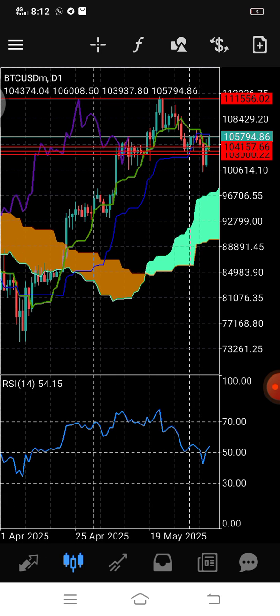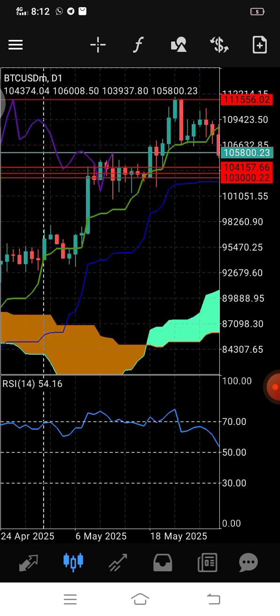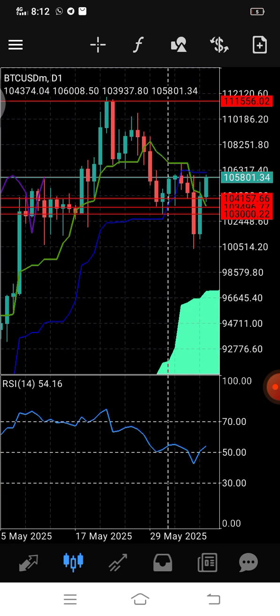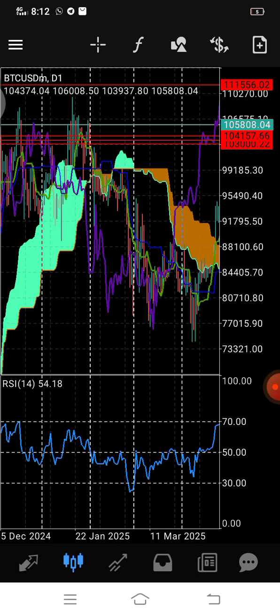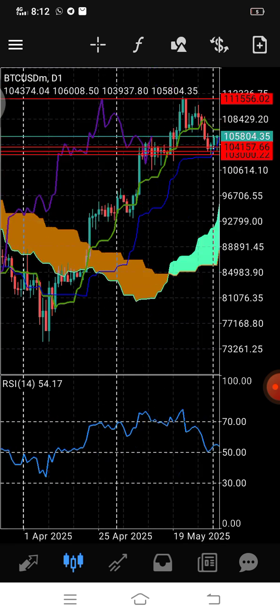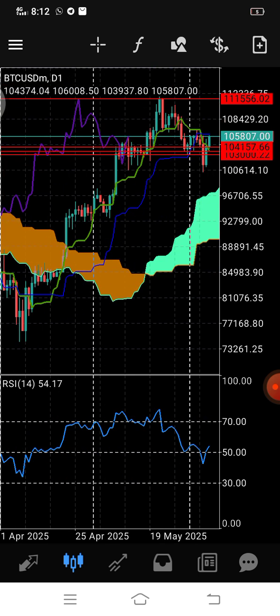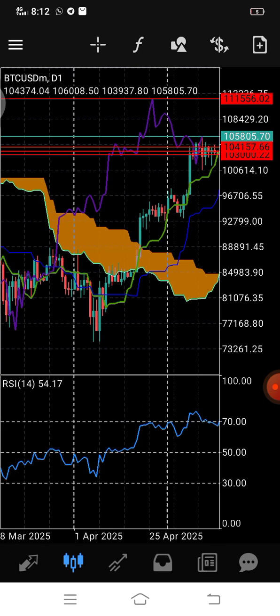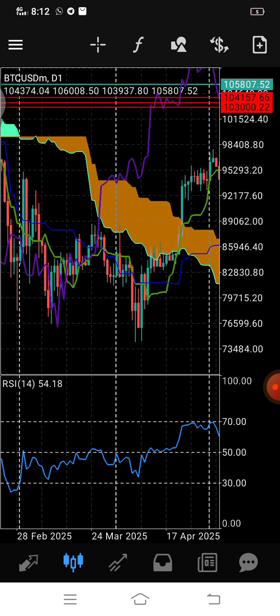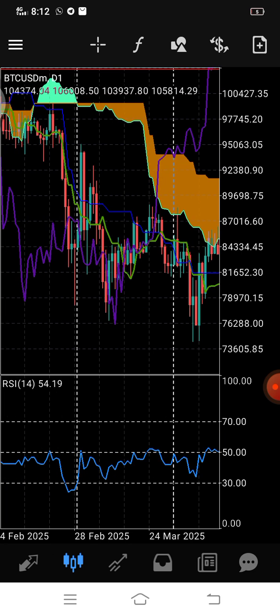If the candlesticks you see here, the green and red candles, are above the cloud, like you see in this chart screen I have here, then you know that we are in a bullish trend. If they are below the cloud, and moving below the cloud, that means it's a bearish trend.